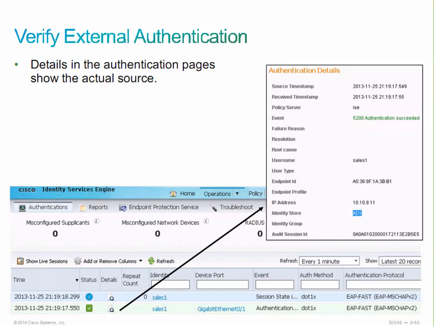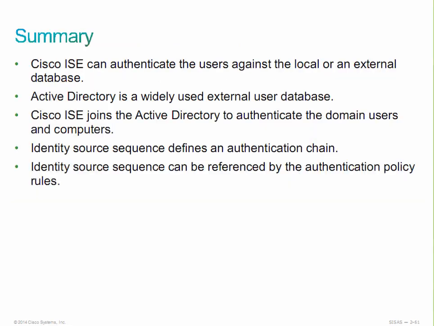Okay. So that concludes this lesson. We talked very quickly about some of the options that we have for authenticating users against either a local database or an external database.